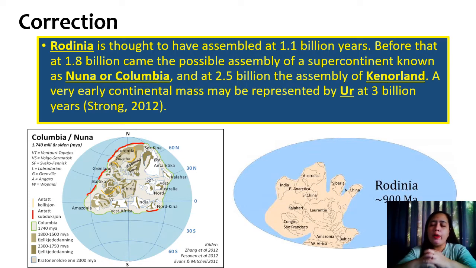Right now, in our geologic time, the crustal plates are moving apart from each other. So technically, billions of years from now, these crustal plates will probably meet on the other side of the Earth.